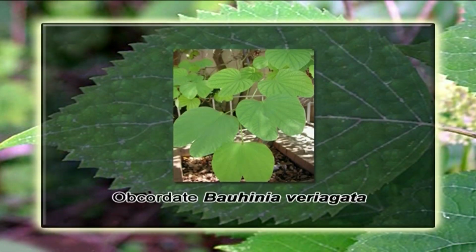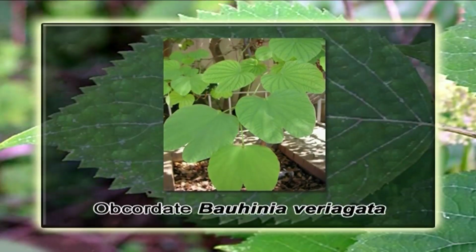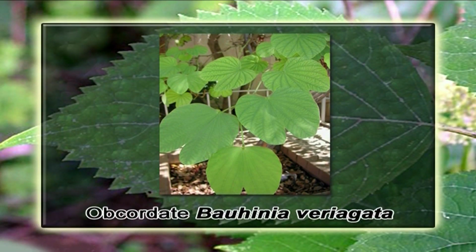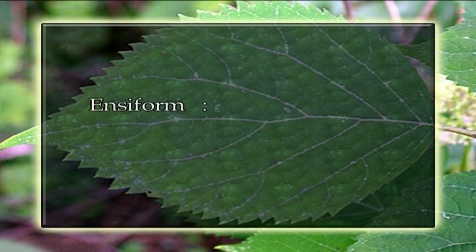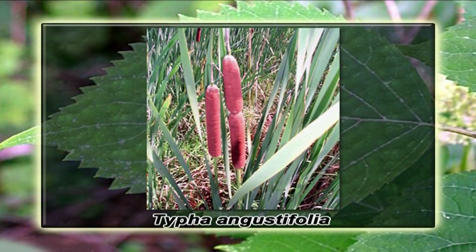Obcordate, reversed cordate, that is, the base is rounded or cuneate but deeply notched at the tip, for example, Bauhinia variegata. Ensiform, flattened vertically, long, erect like a sword, for example, Typha angustifolia.